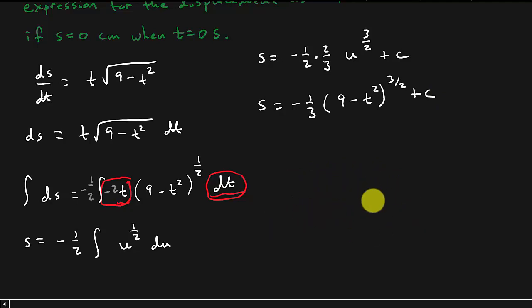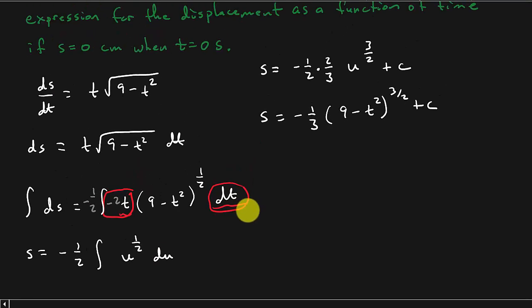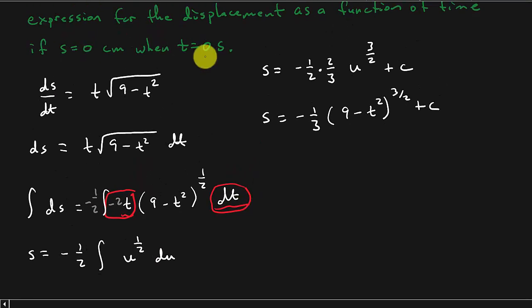Now, they've given us enough information to figure out what c is. They tell us s is equal to 0 when t is equal to 0. So I'm going to replace s and t with 0. And so 0 is equal to negative 1/3 times 9 minus 0 squared to the 3/2 plus c.